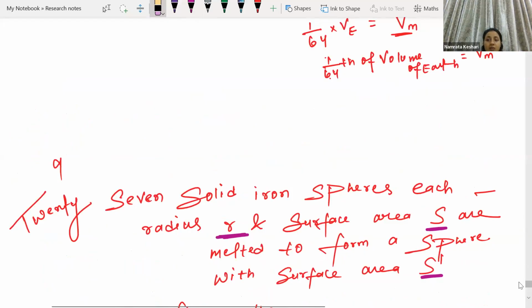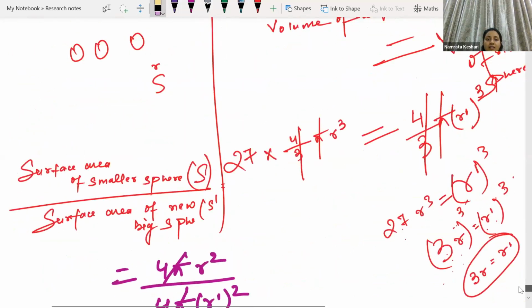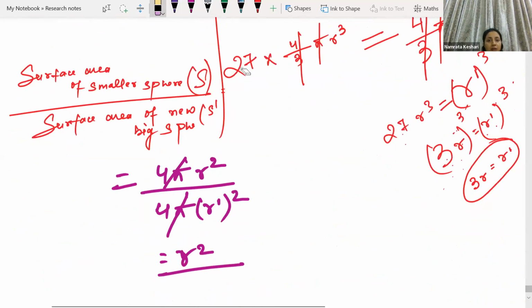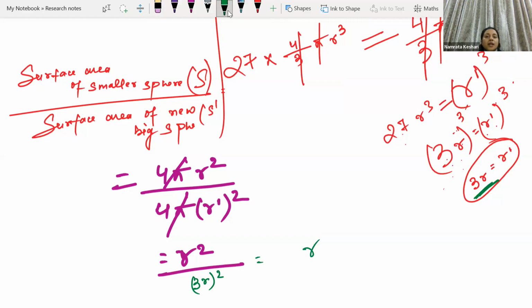Hence for S by S dash, we will replace r dash by 3R, which we have already found. We know r dash is 3R, so in place of r dash we write 3R, and its complete square. Here it gets cancelled out, but even if in some question one of the R stays as it is, it's fine because that was given in the question.